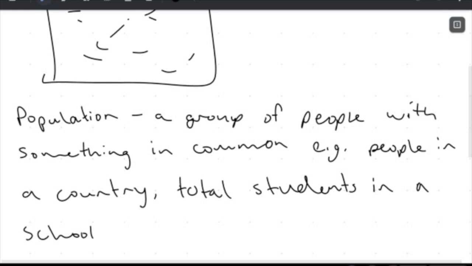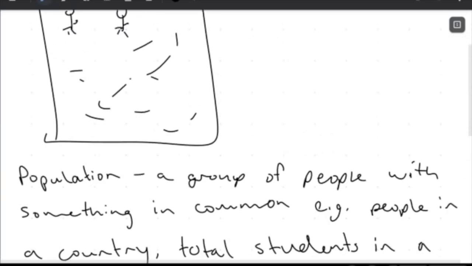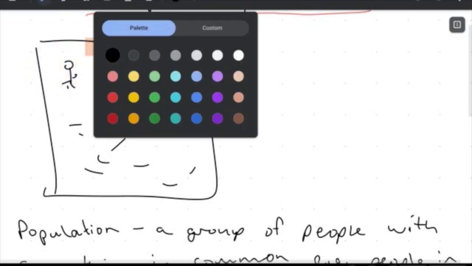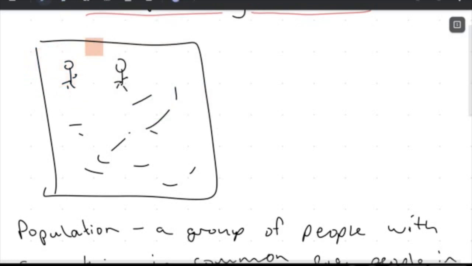Now, when we sample things from this, we are taking a small part of this population. So what we're going to do when we sample is take a sample of the population here, bring it out here.